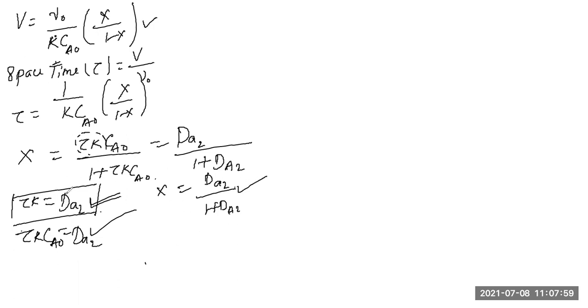Now we will consider a gas phase reaction. I hope this is clear. This is a simple derivation, and most of the things we have already done. Let's quickly look at the gas phase reaction. We would be using stoichiometry.